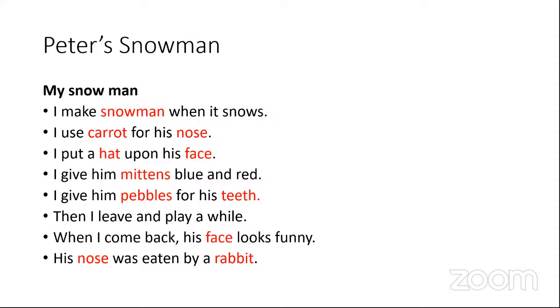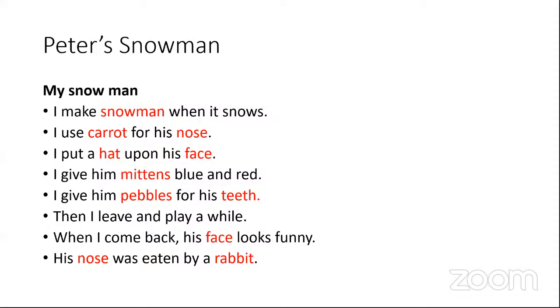Peter's snowman. My snowman. I make a snowman when it snows. I use a carrot. Remember the picture of the carrot I have given. I use a carrot for his nose. I put a hat upon his head.